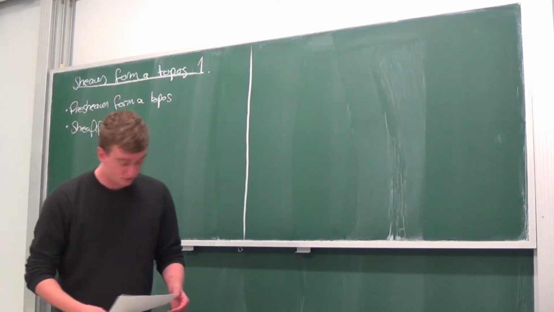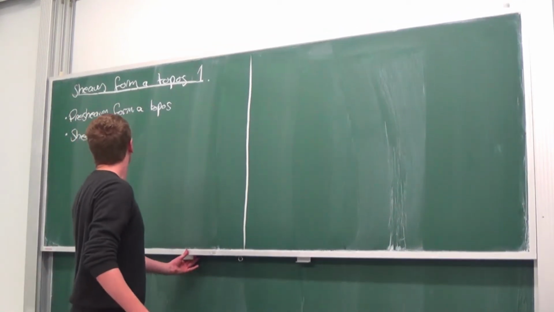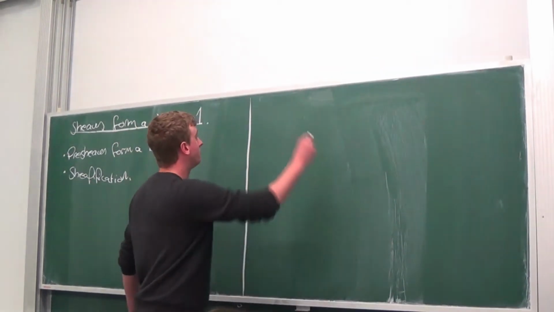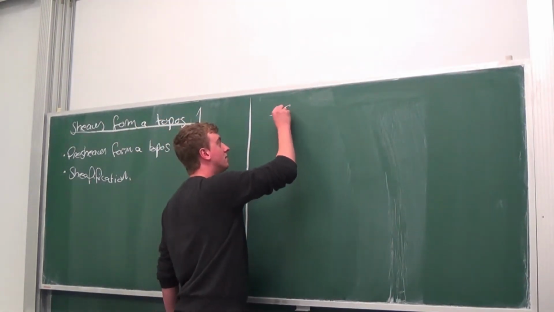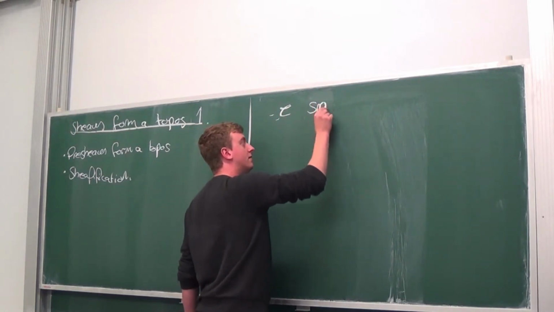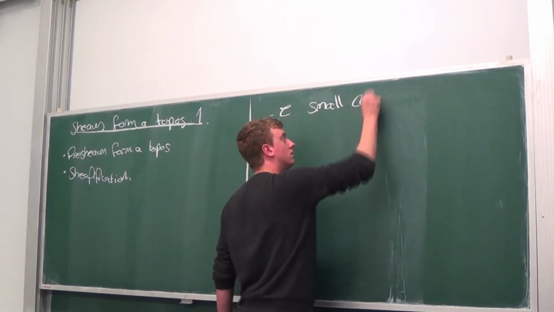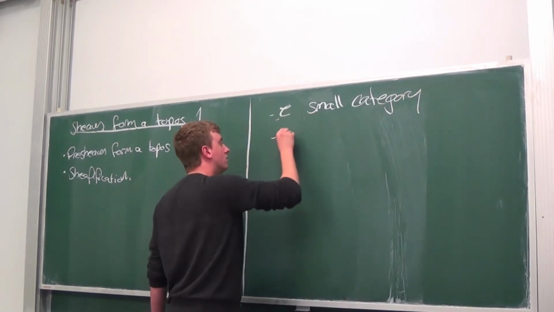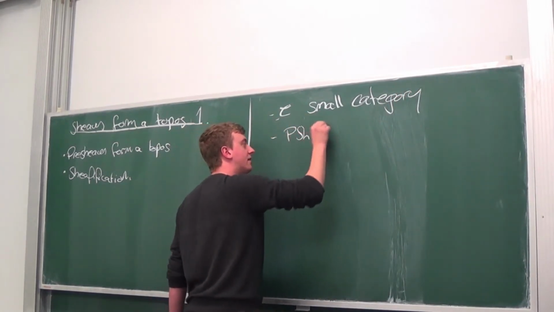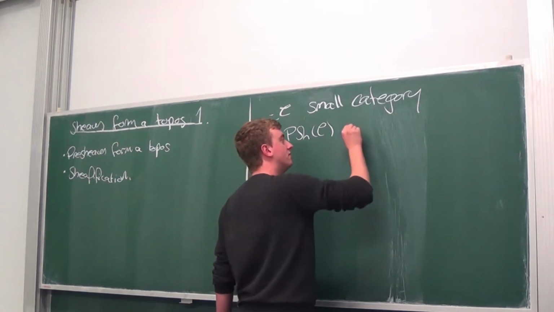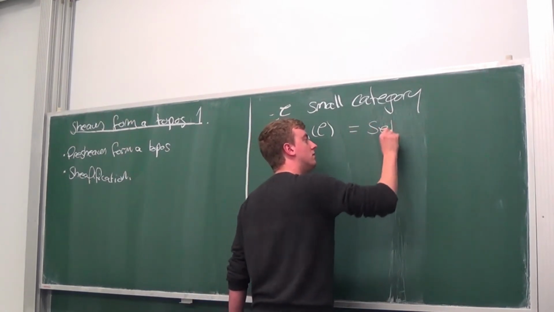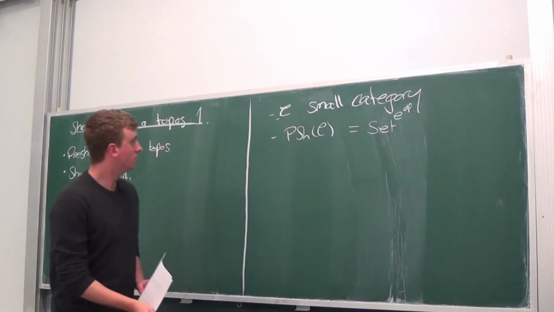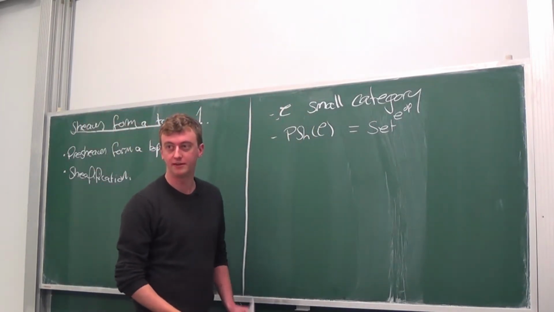Okay, so to show that presheaves form a topos, first I'll introduce some notation. C is a small category, and we'll write PSh(C) for the category of presheaves, so the presheaves in sets. To show that this is a topos, we need three things.